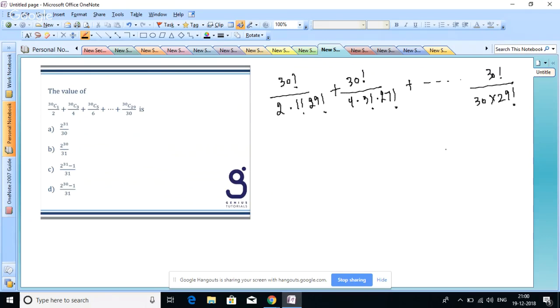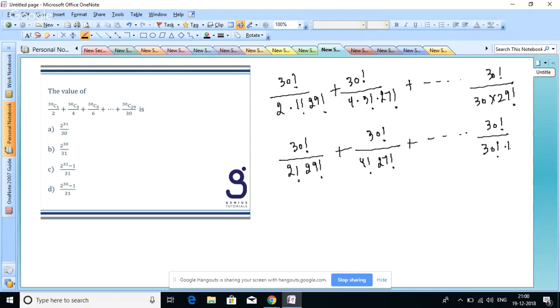Before that, you can just convert into this: 30 factorial upon 2 into 1 factorial is 2 factorial into 29 factorial. Similarly 4 into 3 factorial is 4 factorial and 27 factorial, plus so on, 30 factorial upon 30 factorial into 1 factorial.